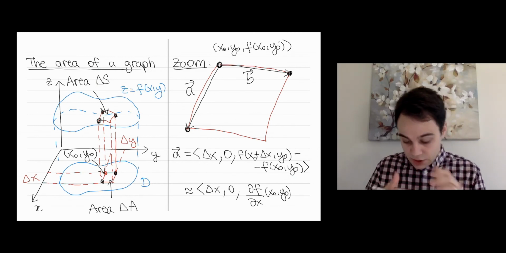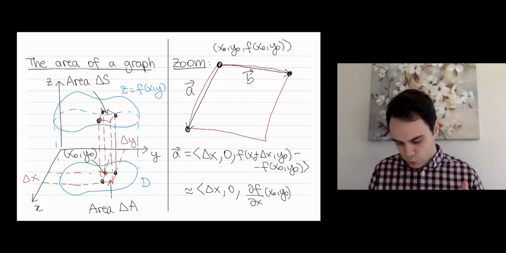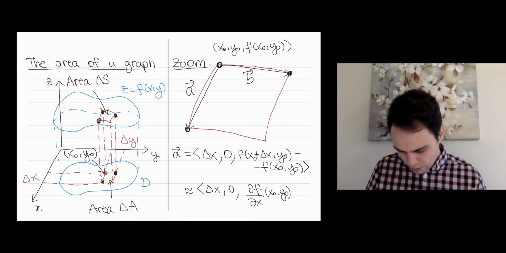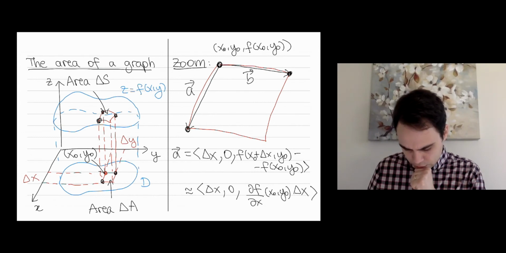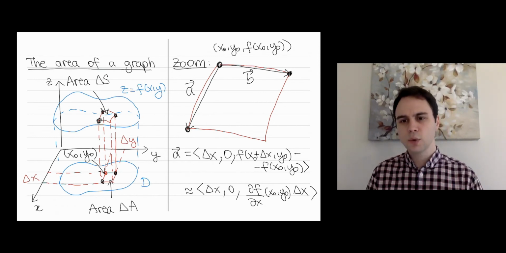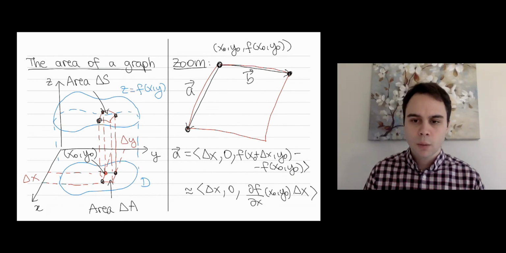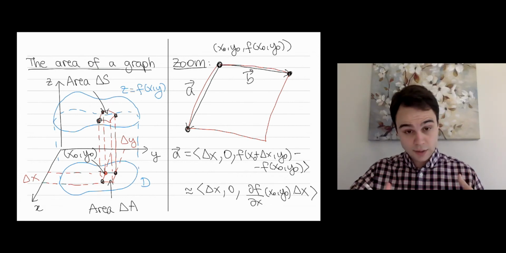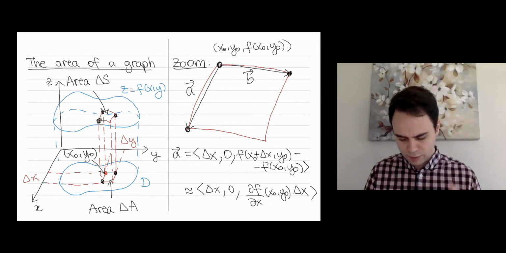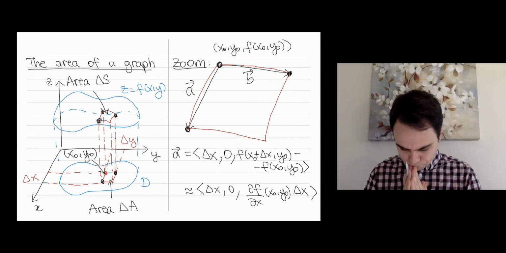So this difference divided by delta x would be this partial. So if I multiply the partial by delta x, I get a number that's very close to that difference. And it's okay to do this approximation here because we're taking delta x, the dimensions of the rectangle in the xy plane, to be really, really small.